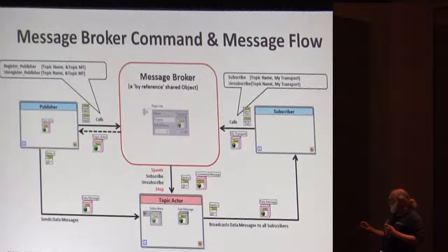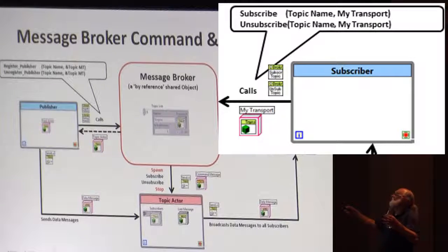Okay. And this is how the message broker works. So you have a subscriber, and the message broker has 4 methods in the interface. It's a by-value class. Subscribe, unsubscribe: you tell it a topic name and give it your message transfer, where to send the messages back.